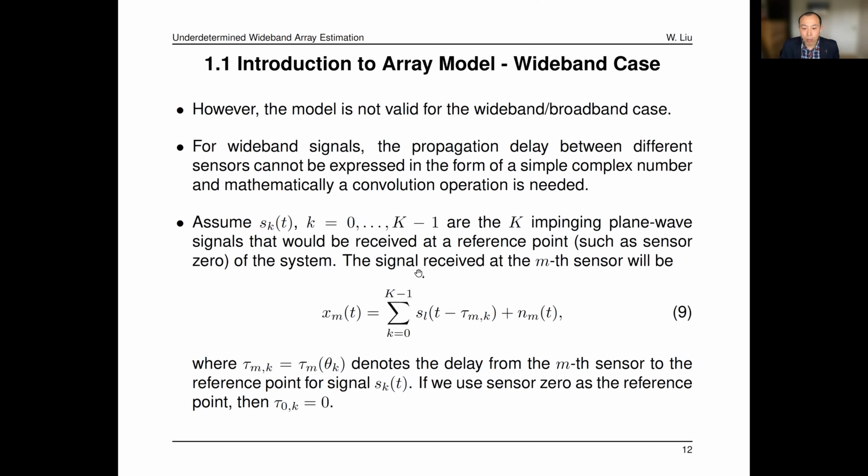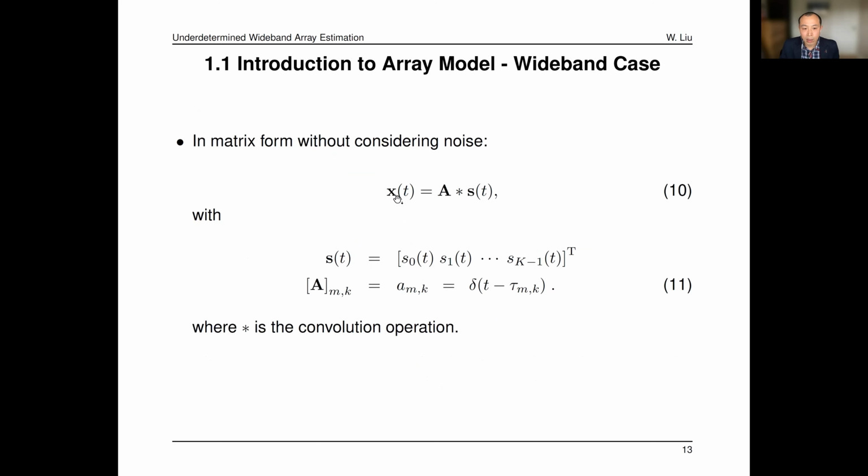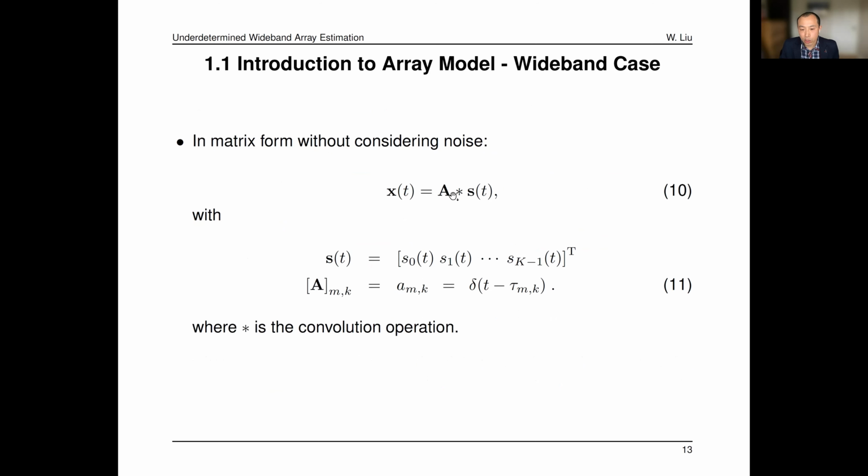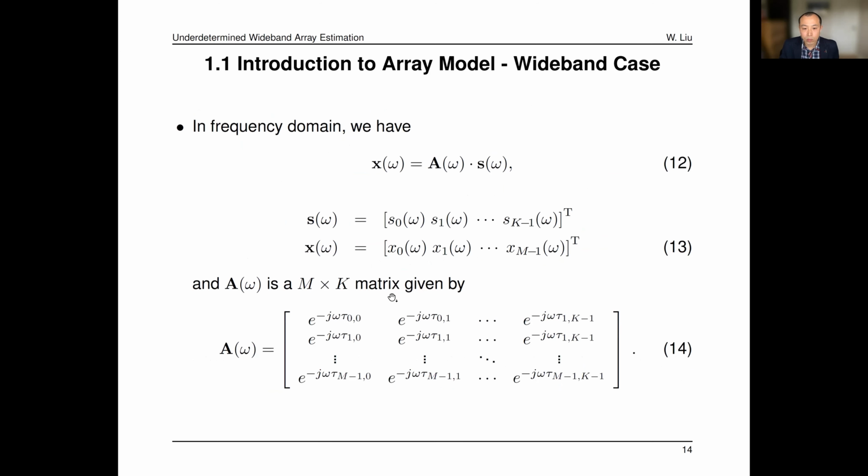So in the time domain, this delay can be represented by a convolution between the signal s(t) itself and this delta function, delta(t minus tau_mk). The convolution of this and the signal, the overall effect is a delay. That's the time domain model. And if you look at it in the frequency domain, then you have the narrowband model.